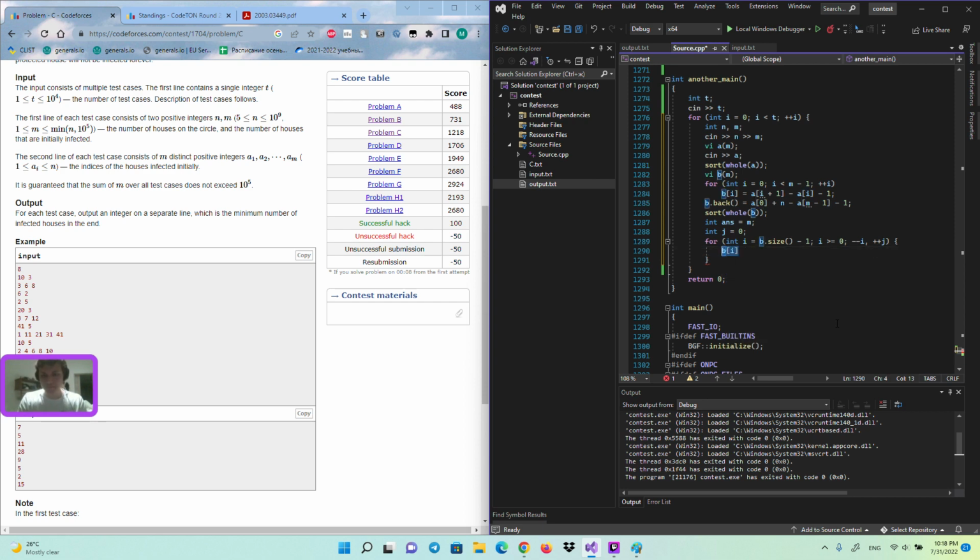Okay, int taken equals b ith minus, it's so hard, I can't think, b ith minus 2 times j.